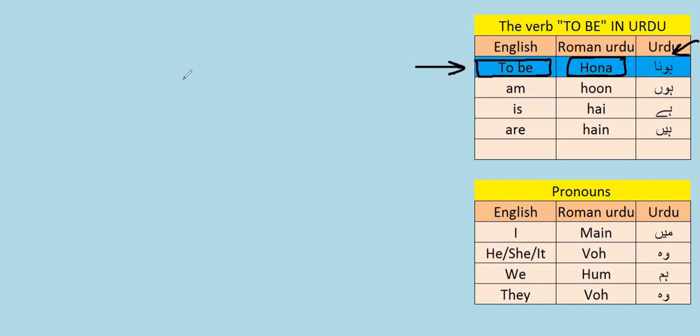Okay, so this to be or to be form we use in English, and we make words from to be, or we derive words according to our need, like am, is, and are.